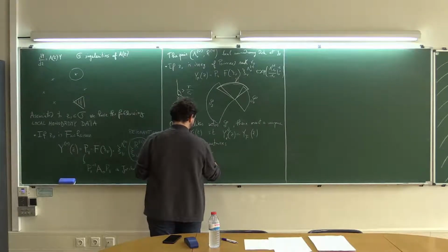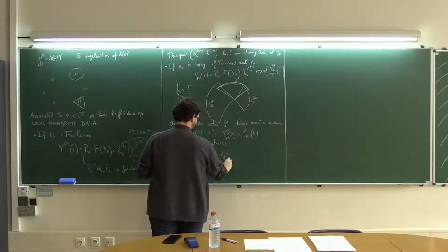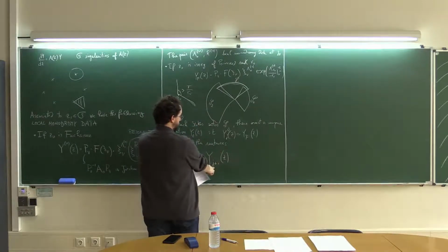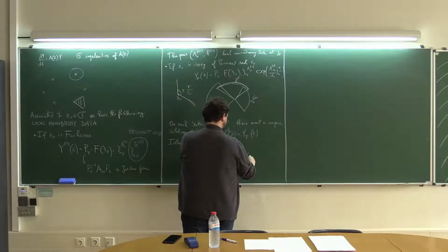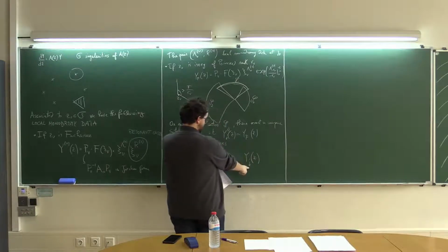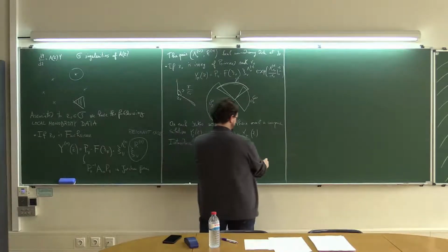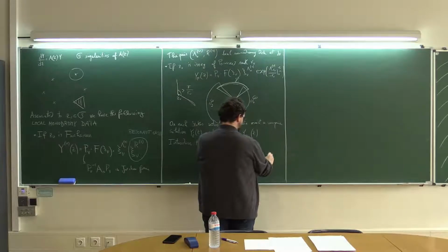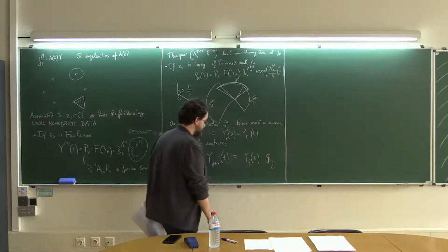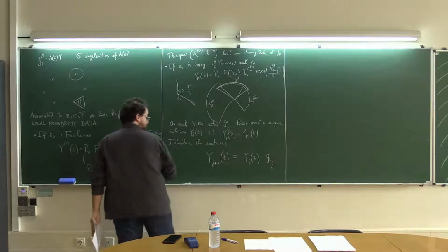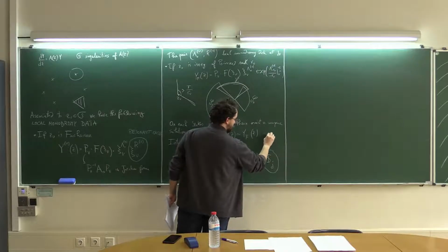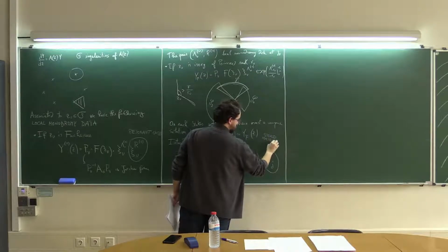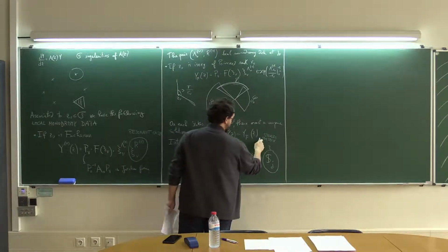We can consider the solution with prescribed asymptotics on the sector S_{j+1}, and we can consider the solution on the sector S_j. The two solve the same linear equation, so they have to be related by some matrix independent of z, and this is called the Stokes matrix, or Stokes multipliers.